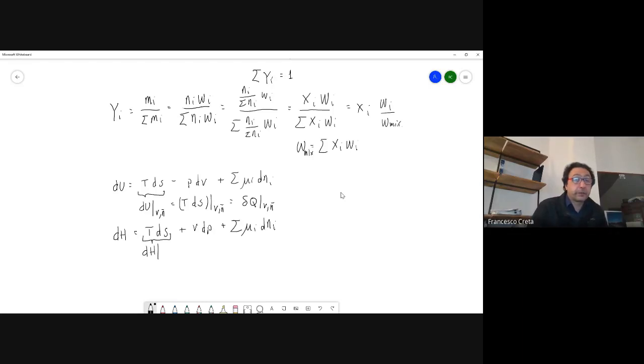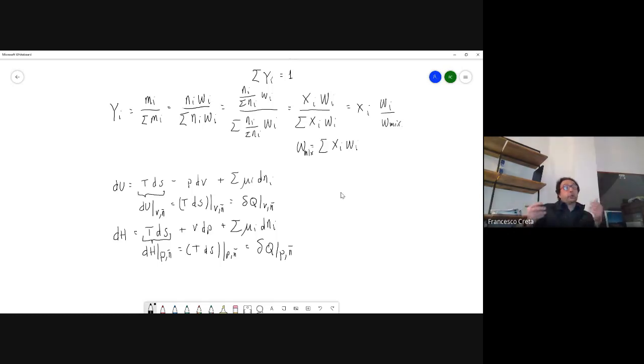So this is 0, and constant composition. And this is again a heat exchanged when you're keeping the pressure constant and you're not changing the composition.